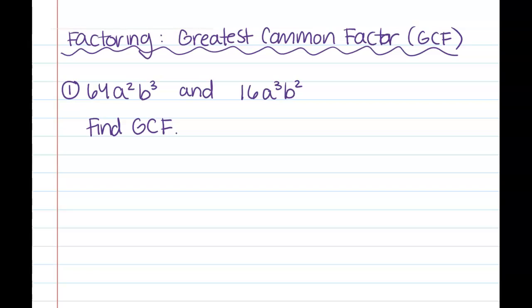Well, essentially what we're doing is finding the greatest in common, so the largest term that these two terms have in common. In this case, we have a constant, some a's, and some b's.